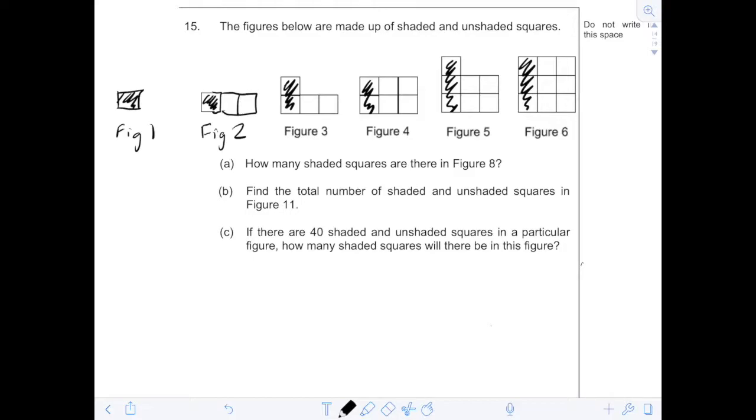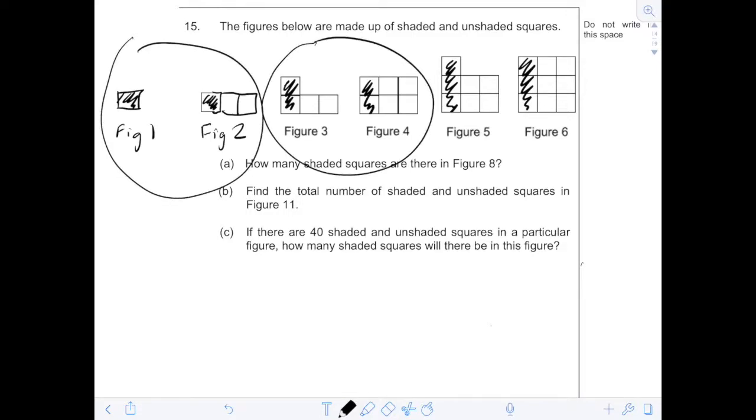So let's start by coming up with a formula for the shaded ones. Let's say figure 1 has 1 shaded. How about figure 2? Figure 2 also has 1 shaded.